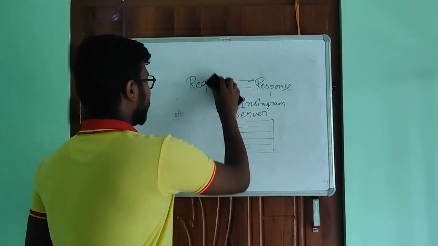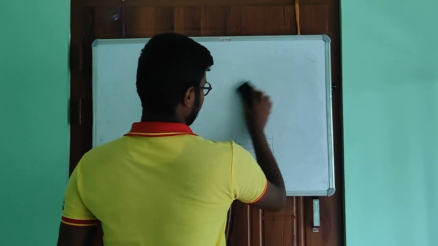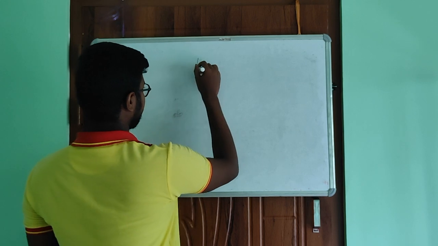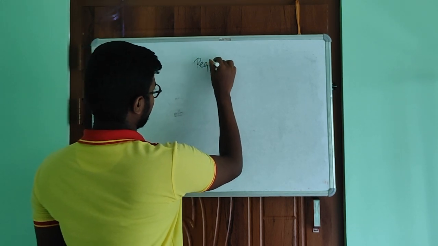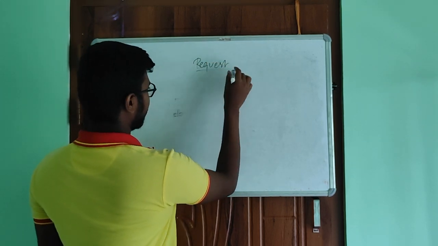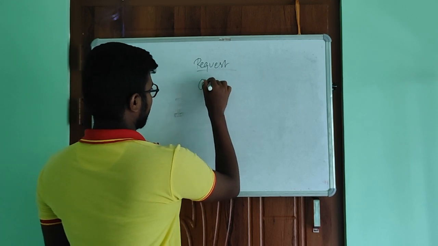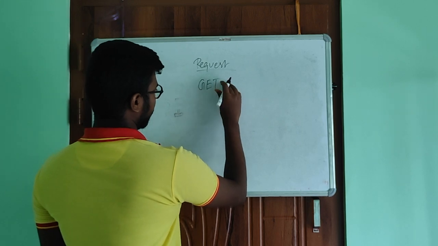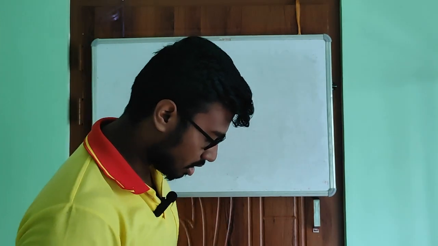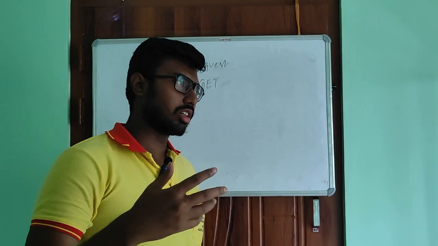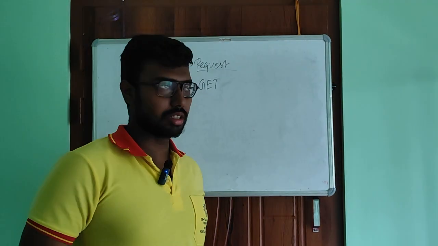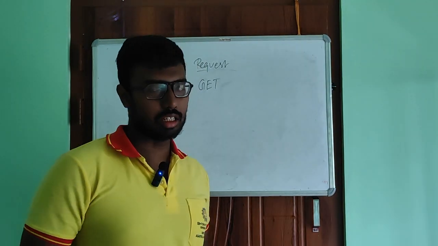So now let's talk about the request, okay? So there is get request. Okay, so what does get request do? So get request is simple. It is like you are opening the Instagram page, right? That is a get request.